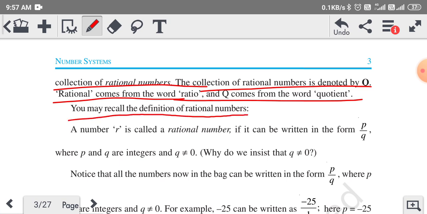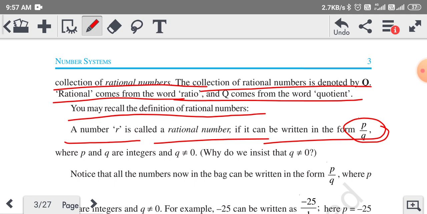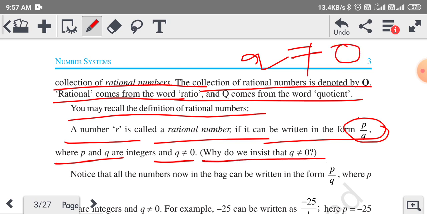You may recall the definition of rational numbers. A number r is called a rational number if it can be written in the form p upon q, where p and q are integers and q is not equal to 0. Why do we insist that q is not equal to 0?